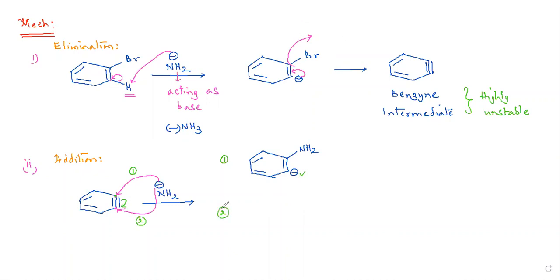Then the second possibility. Say in this case, as and when the NH2 minus attacks this carbon, the bond goes towards this carbon. Consider the black one.